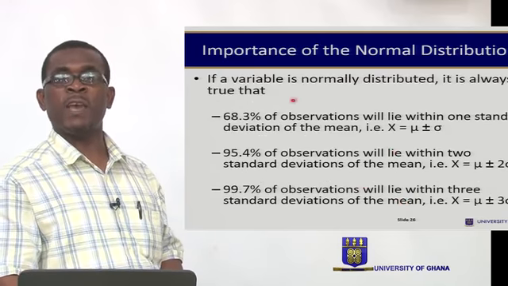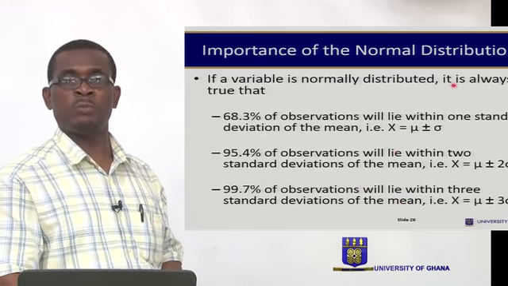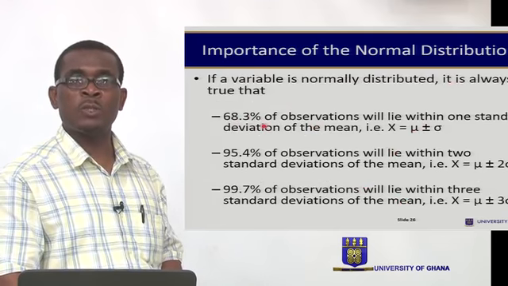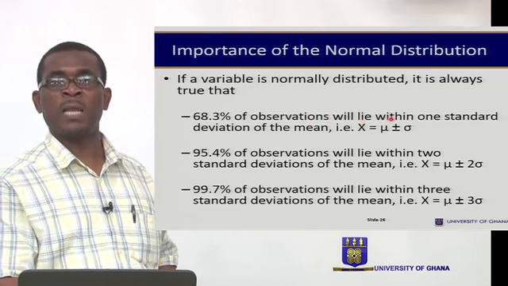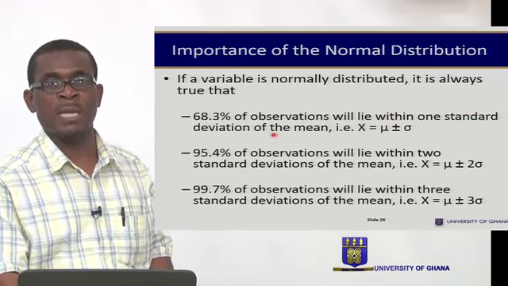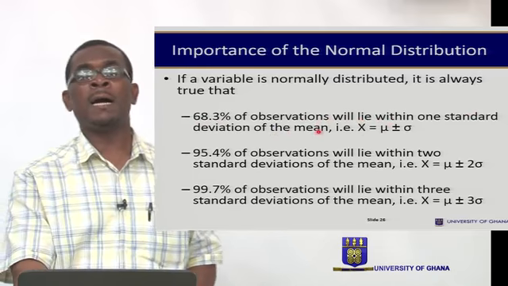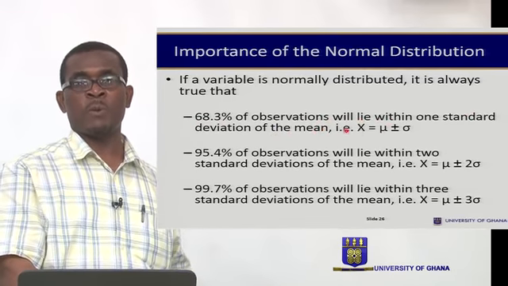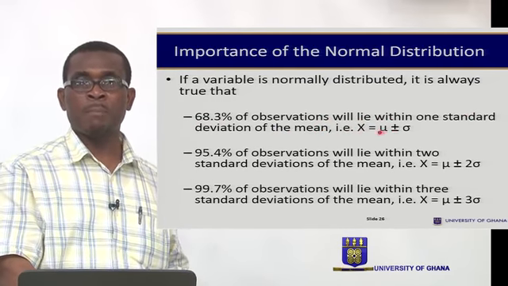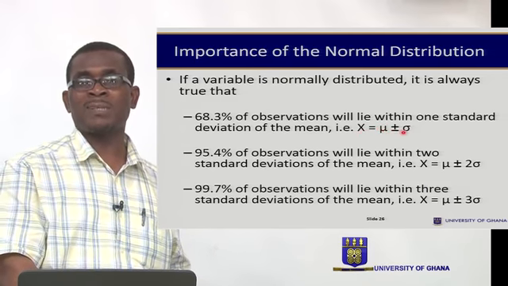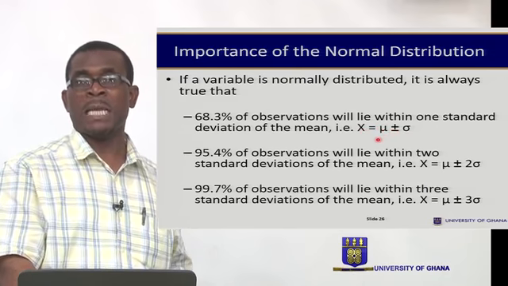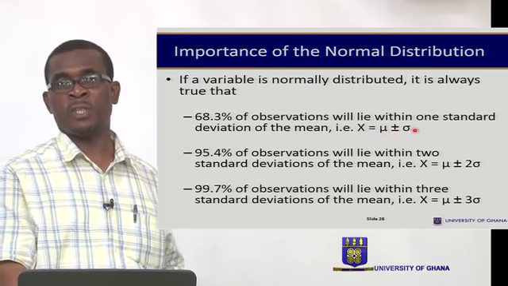And we're saying that if any variable is normally distributed, then it is always true that 68.3% of the observations will lie within one standard deviation of the mean. In other words, when we say one standard deviation of the mean, we are saying that the mean, which is mu, you subtract one standard deviation from it, and then also add one standard deviation to it.